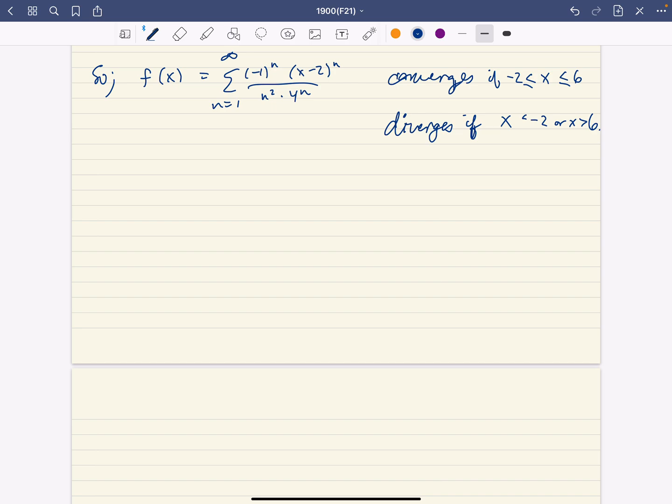Now, what turns out to be the case, and this is true of all power series, I should say, is that the set of all x values where the series converges is always an interval.